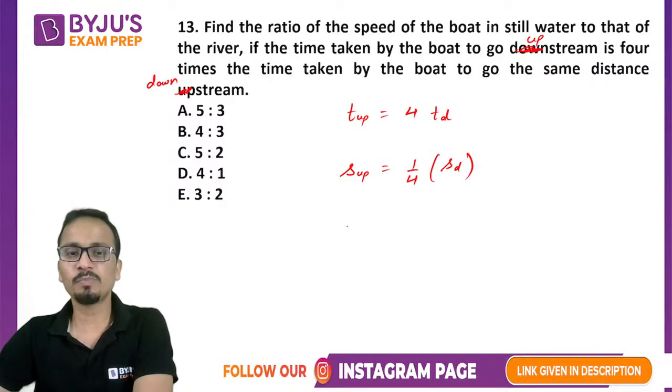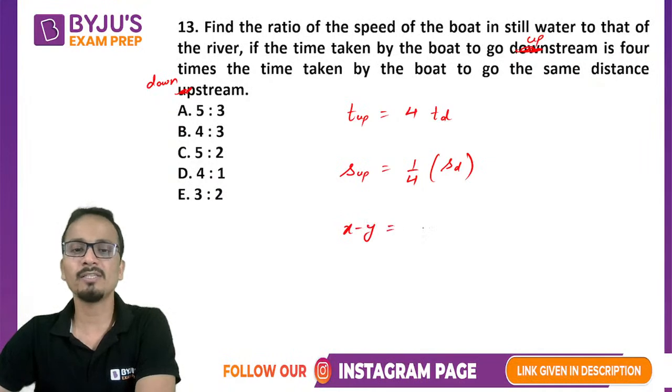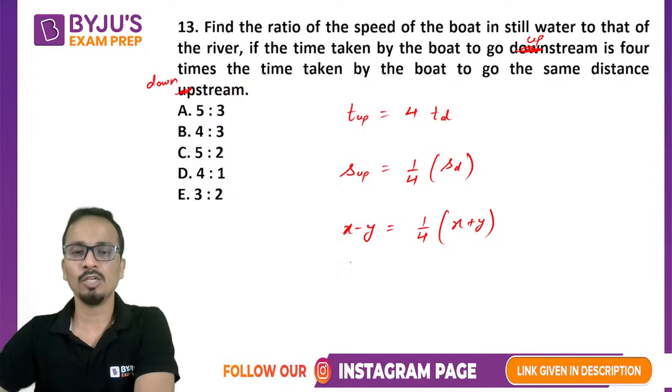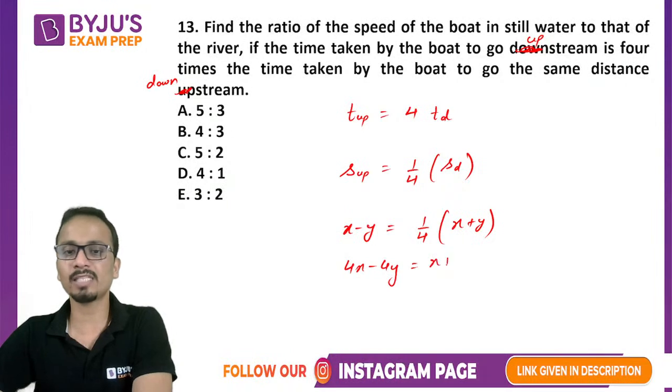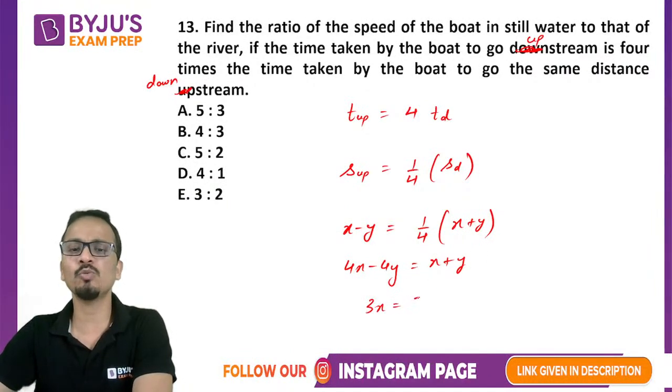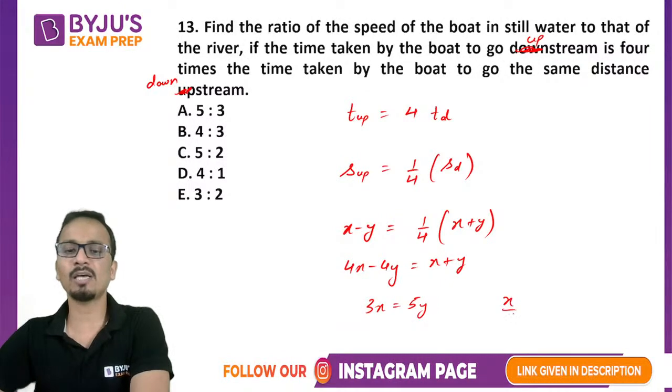Okay. So speed upstream will be x minus y, and that is equal to 1 upon 4 speed downstream, that is x plus y. So 4x minus 4y is equal to x plus y, and from here I can say that 3x is equal to 5y. So x upon y is equal to 5 by 3.